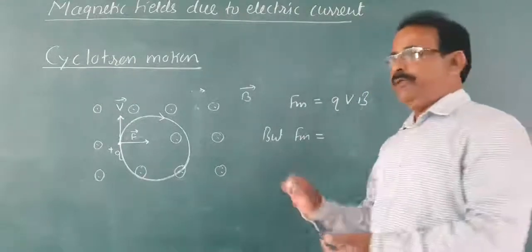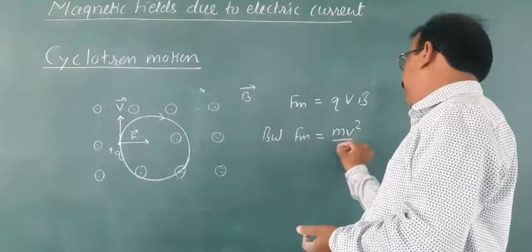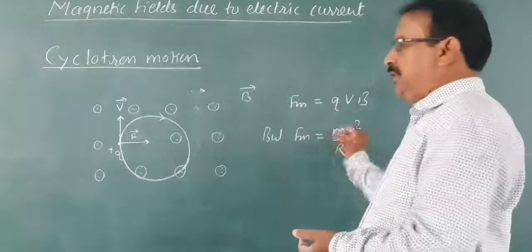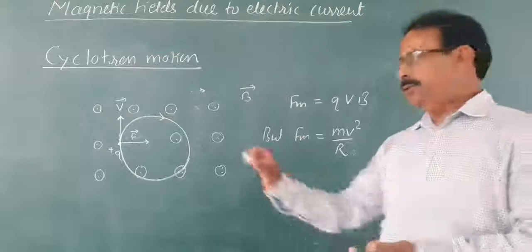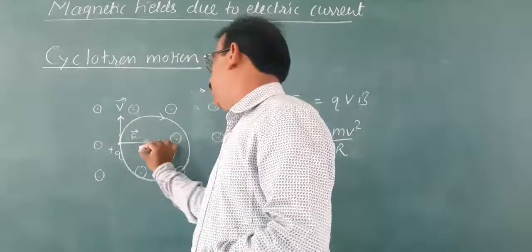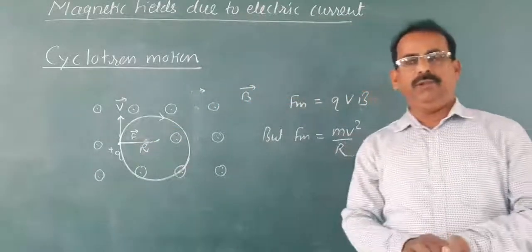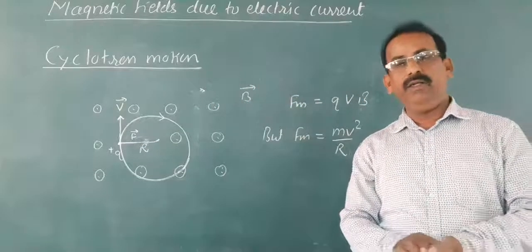Therefore, we can equate this Fm with mv square by r. So that r is the radius of this circular path. Then this centripetal force is given by mv square by r.